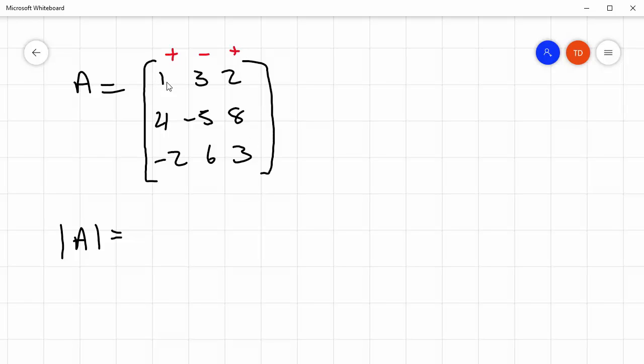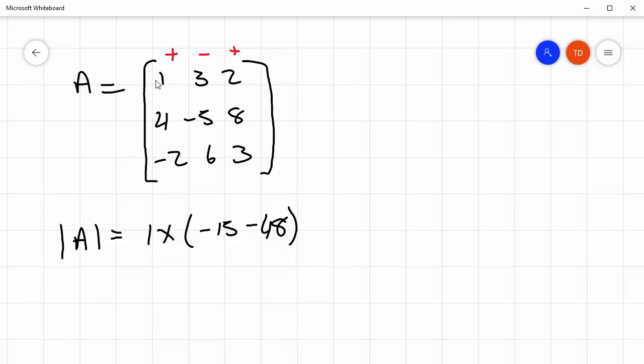So we take the first term, which is 1, and we remove the row and the column that contains the 1. And now we've got a 2x2 matrix that's left here. We know how to evaluate 2x2 matrices, so we put the plus and the minus as before. So we've got 1 times, brackets, -5 times 3, which is -15, -8 times 6, which is -48.